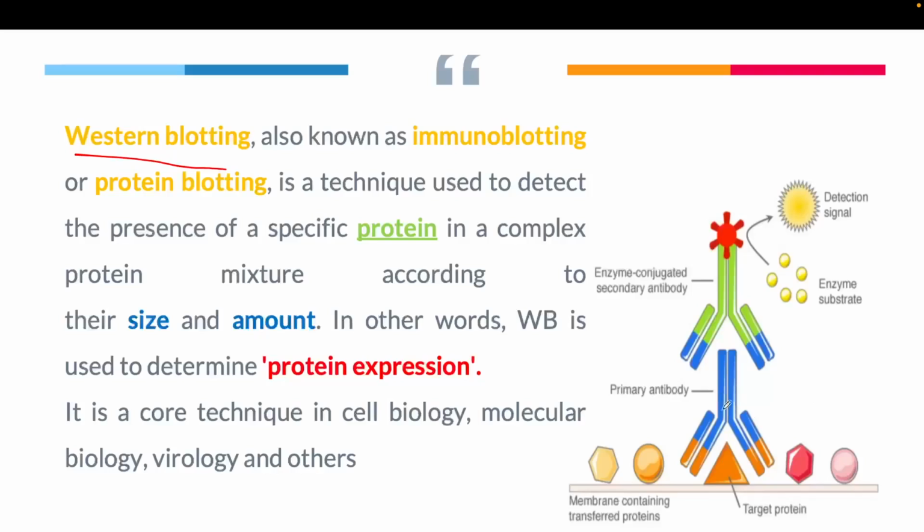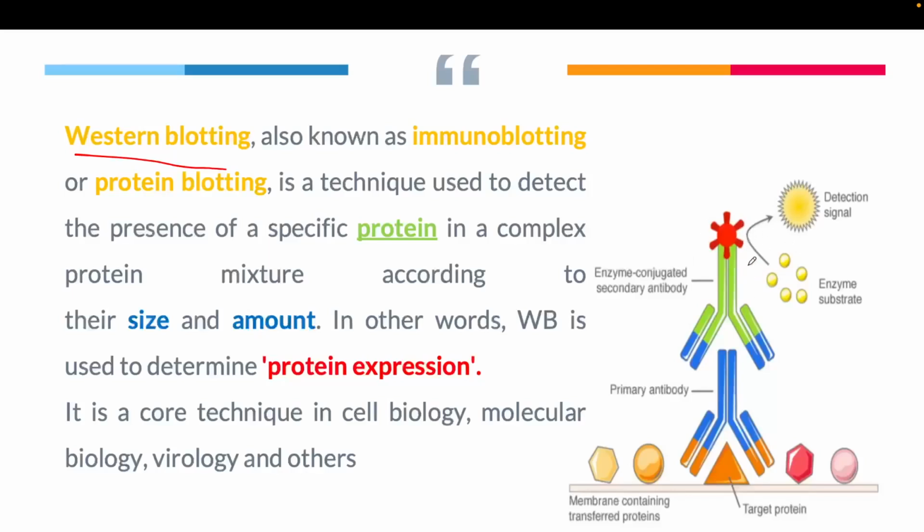This antibody can either be directly linked with a chemiluminescence material or a radioactive molecule, or you can use it as a primary antibody against this particular antigen, and then add a secondary antibody which is complementary to the primary antibody and is labeled with an enzyme.